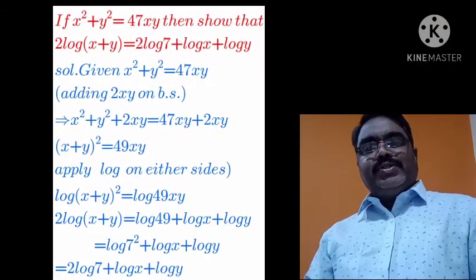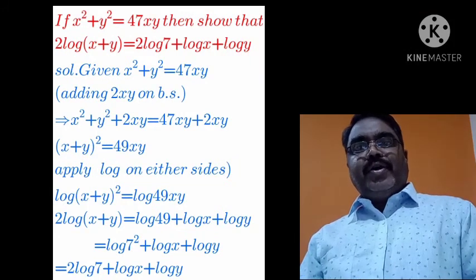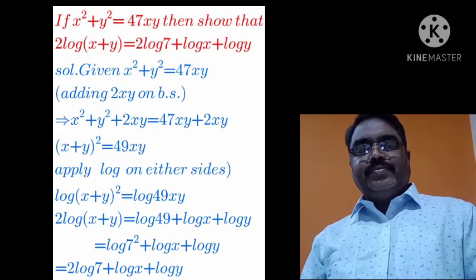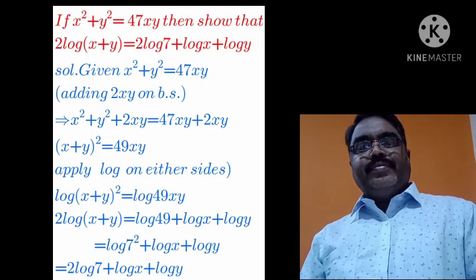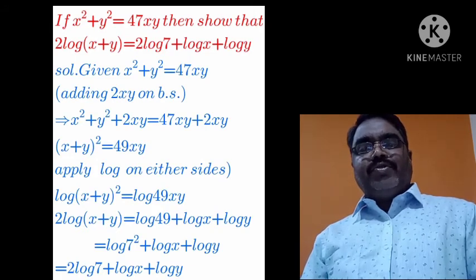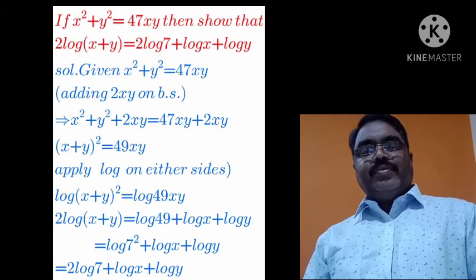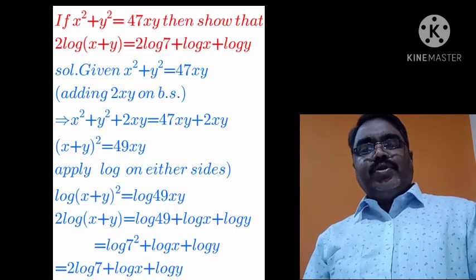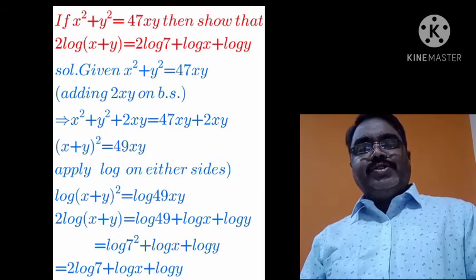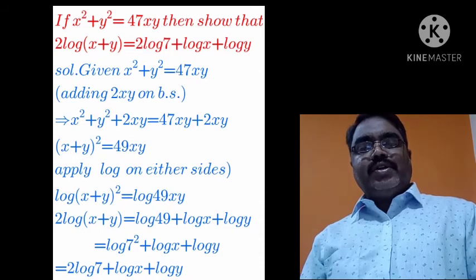Now let us discuss one important question. If x square plus y square is equal to 47xy, then show that 2 times log of x plus y is equal to 2 into log 7 plus log x plus log y.